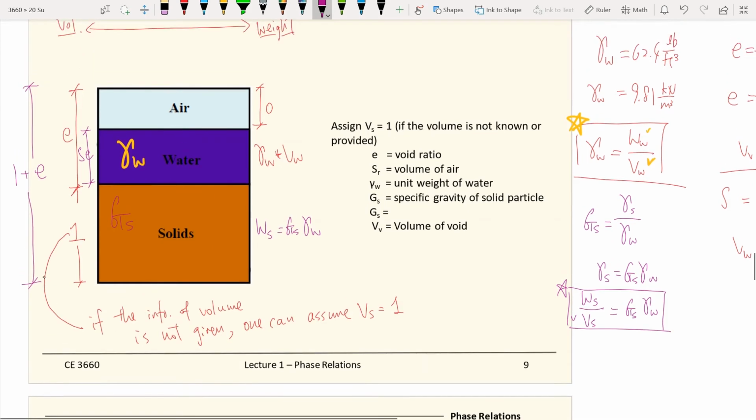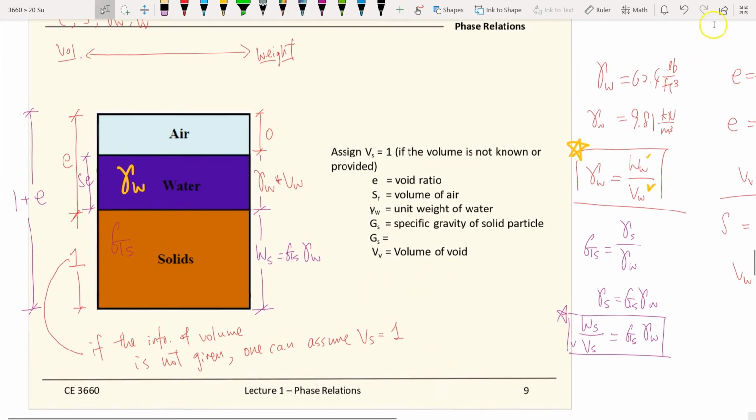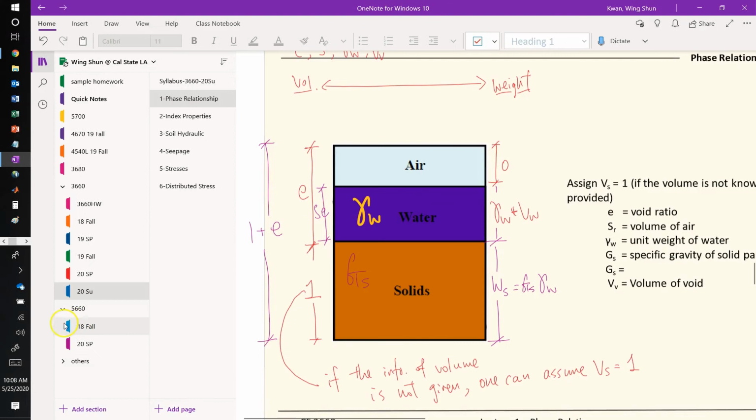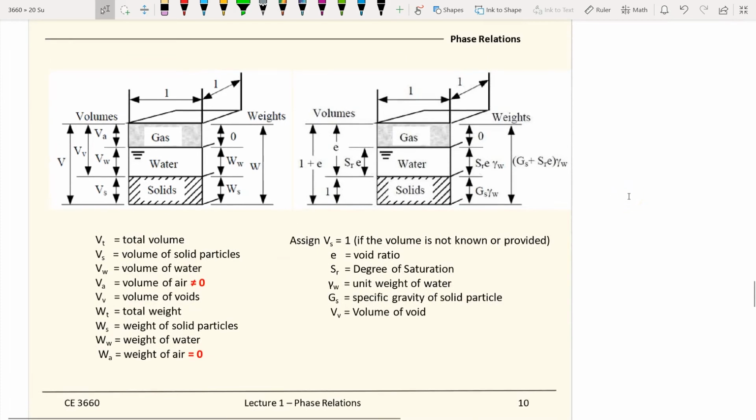So this gives us the whole picture of all these terms. Let's have done what we want to do. We want to represent the whole phase diagram with new terminologies that we have learned. Okay, so this slide summarizes what we have learned so far.